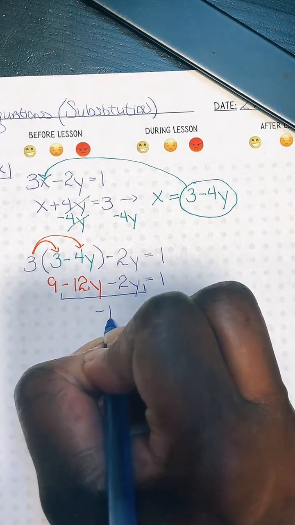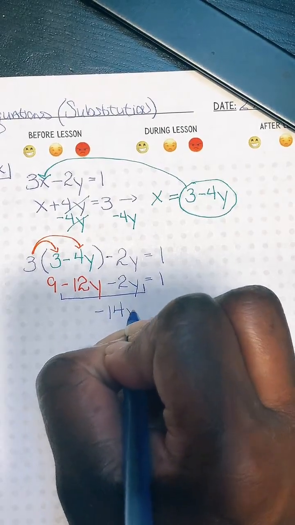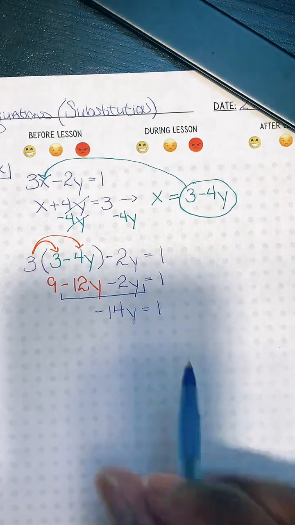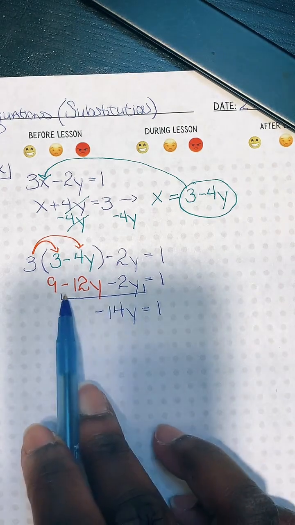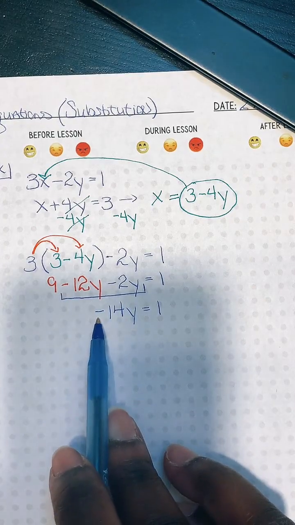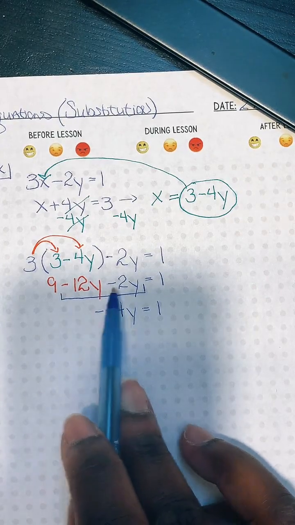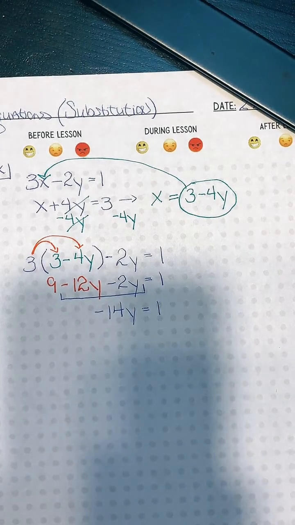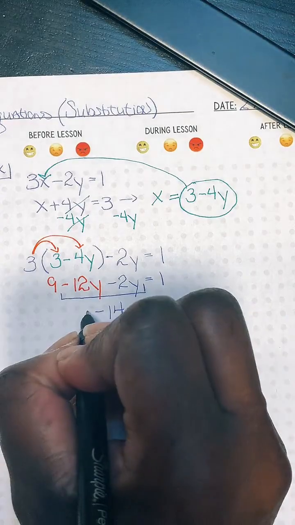That gives me a negative 14y. And why is that negative 14? Both signs are the same. Anytime they're the same, you just bring down that sign and then you combine, then you add. And then we bring down the 9 that was in front.